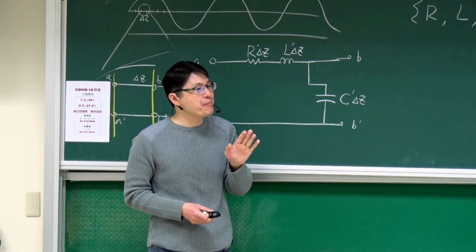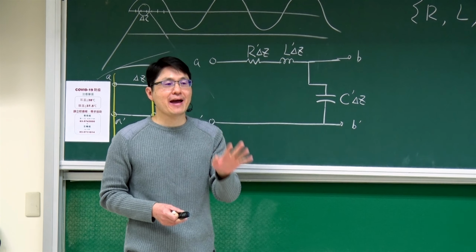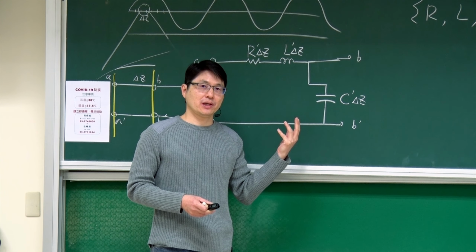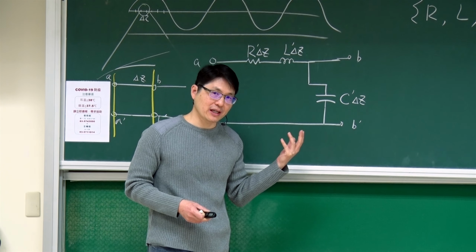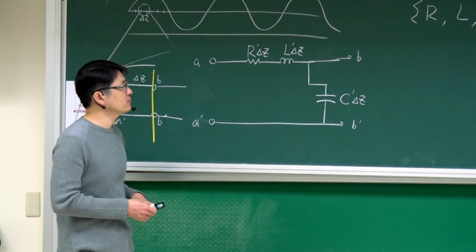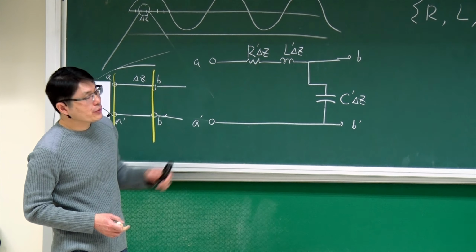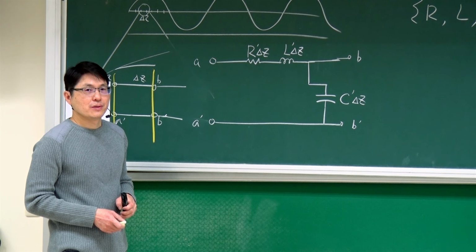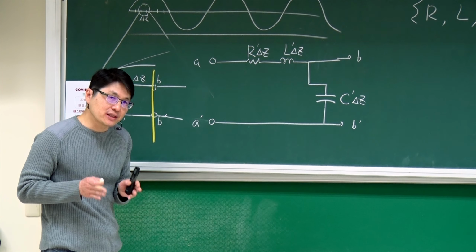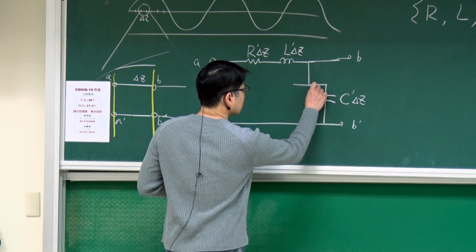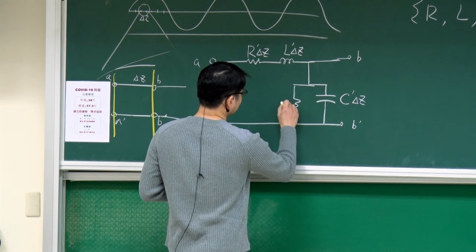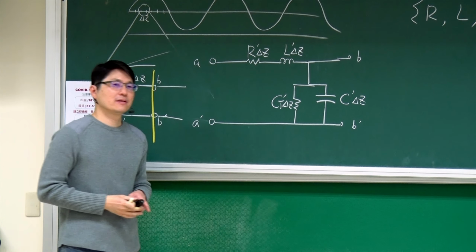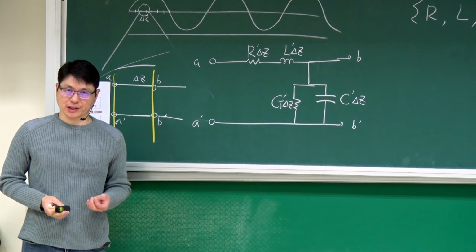Okay, so this is some background information you already have, but now it's really implemented in a real case. So up to now, are you satisfied? For generality, we need to also include some leakage current.